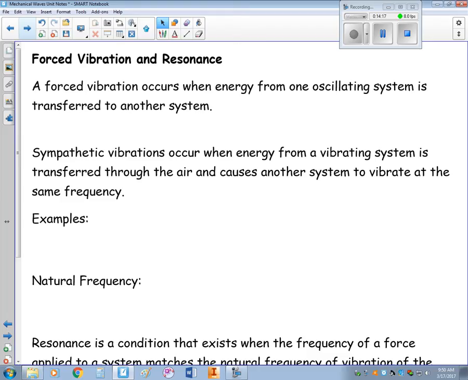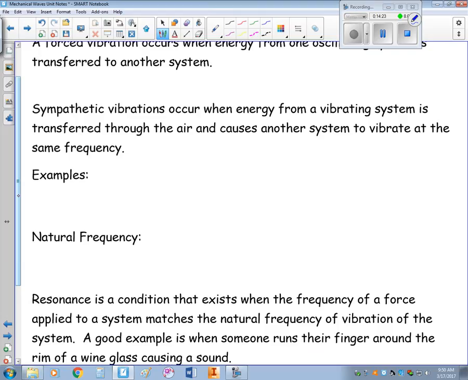So an example here: if you have two tuning forks that are the same frequency. Here's one tuning fork, say 400 hertz, and it's vibrating.